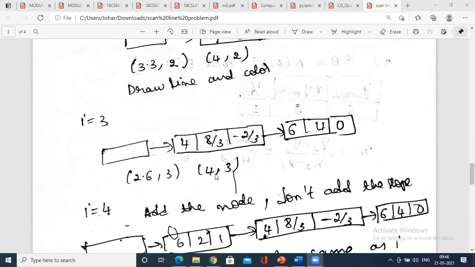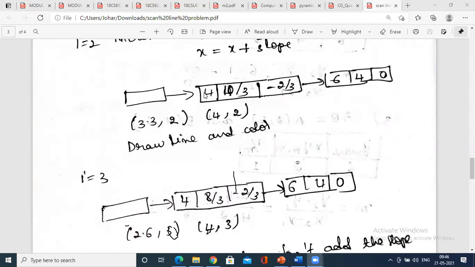So I equals 3. Similarly, I equals 3. What happens? The slope has to be added. 10 by 3 plus minus 2 by 3, so that will be 8 by 3. You are adding the slope to 10 by 3 and you are going to get 8 by 3. And again 4 plus 0. I'm going to replicate the same table and find this from this, right?